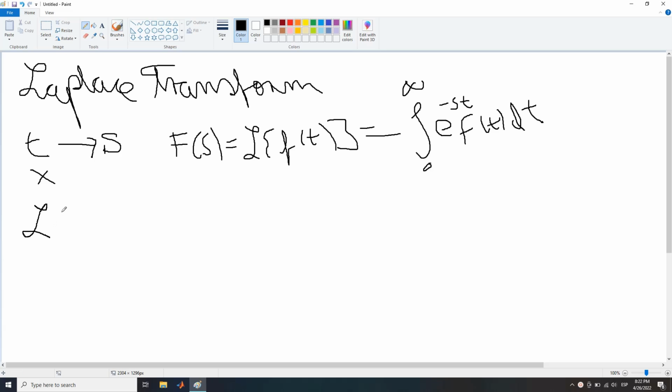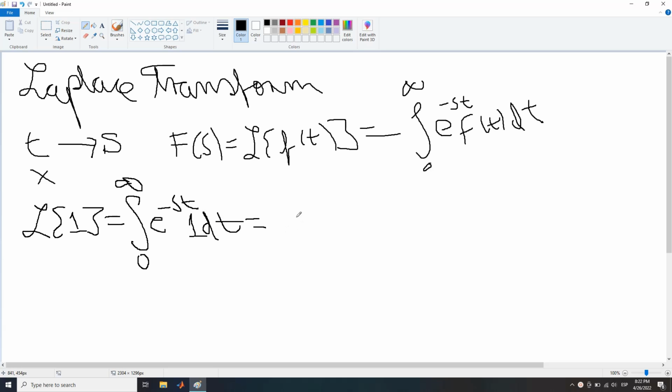Calculate the Laplace transform of 1. So this will be the improper integral from 0 to infinity of e to the minus st times 1 dt, and as it is an improper integral, we have to change the limits and apply a limit. So here would be 0 to r of e to the minus st dt.